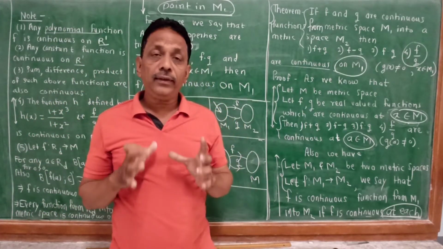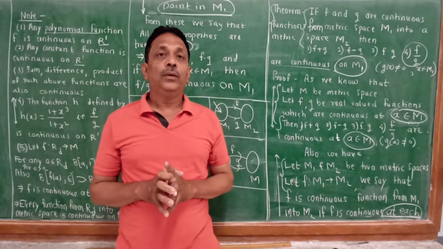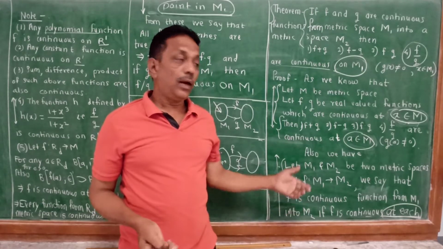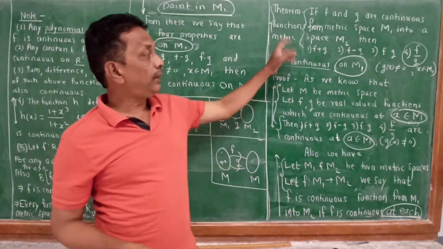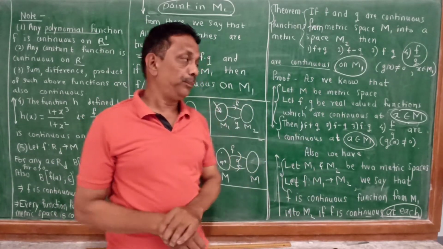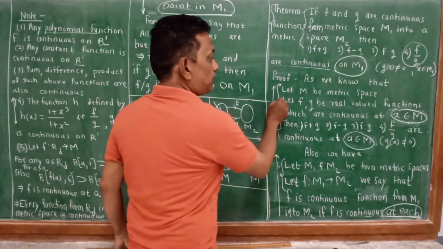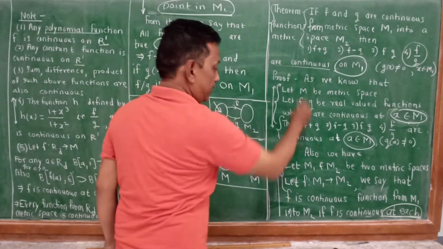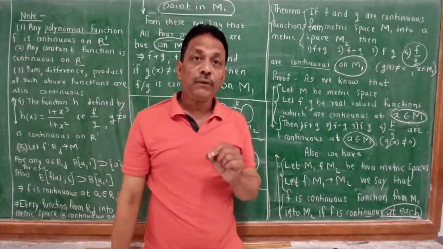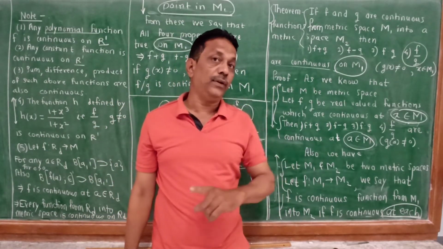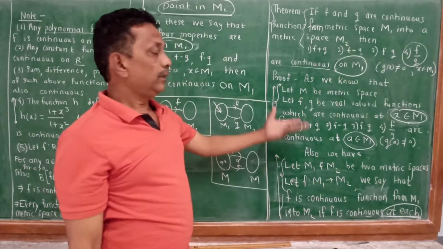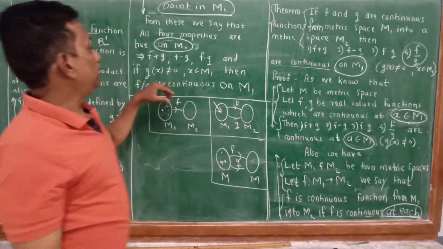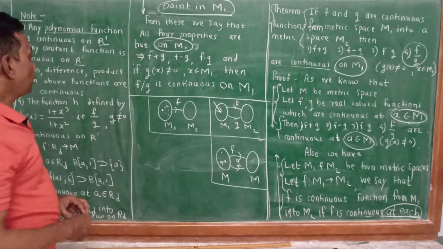Only in this proof of the theorem we consider these two statements and relate them, because this part is related to this and the second part is related to this. If that function is continuous at each point of M1, then ultimately that function is continuous, and therefore we say that the theorem is proved.